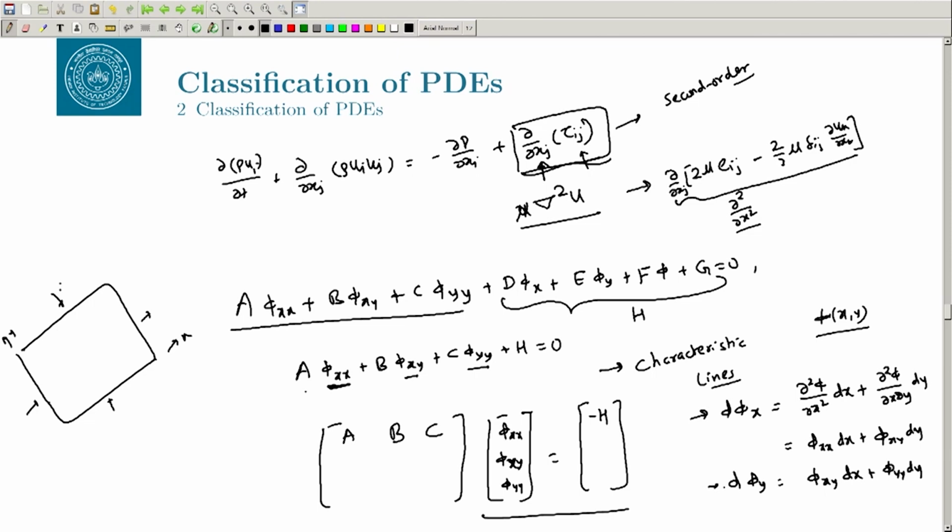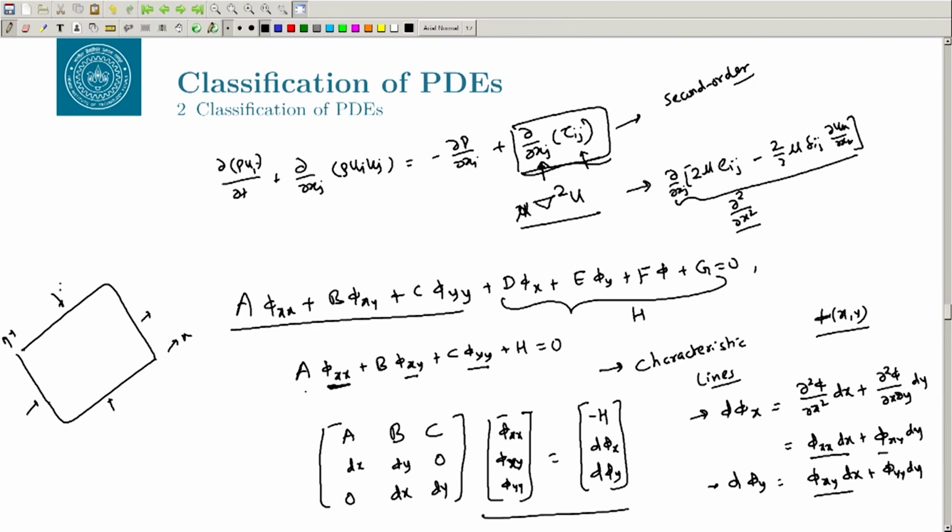So, if you use that, this is phi x x dx, this will become dx, phi x y dy, this will become dy, this will become 0, and this is your d phi x, right. And similarly, this is 0, this is phi x y, so that will become dx, and this will become dy, will be d phi y, right.